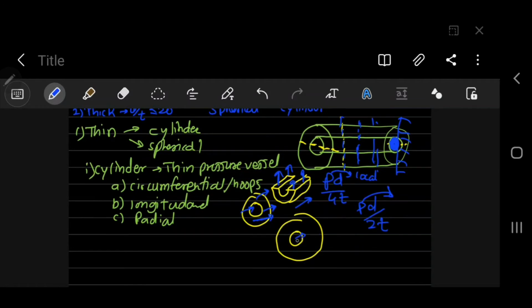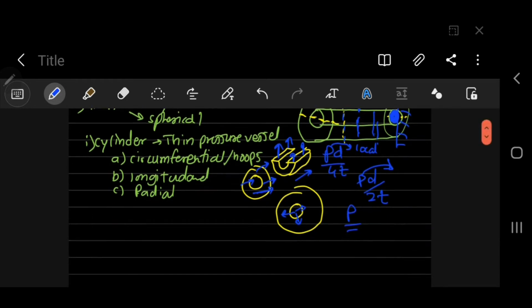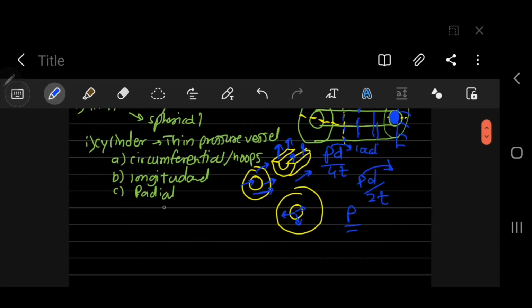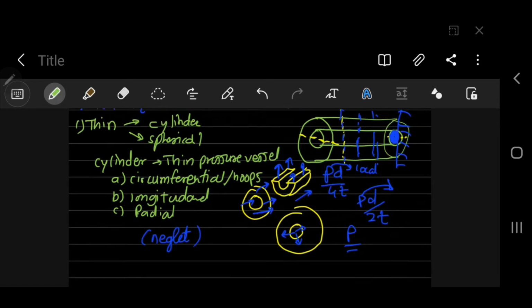This will be the direction of stress, that is from the center to the circumference, and its magnitude will be the same as that of the pressure. The magnitude of radial stress is small, so we will neglect it in some particular cases. Okay, so we have covered the stresses in the cylindrical section.